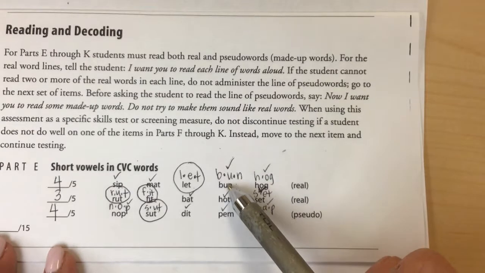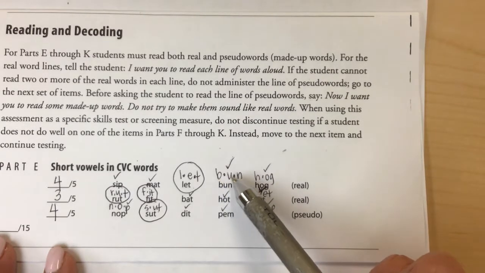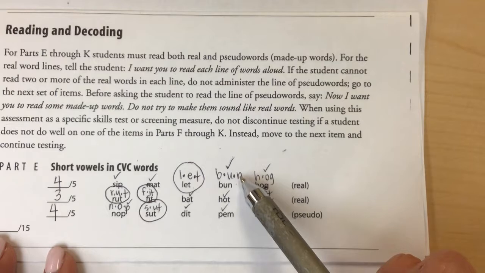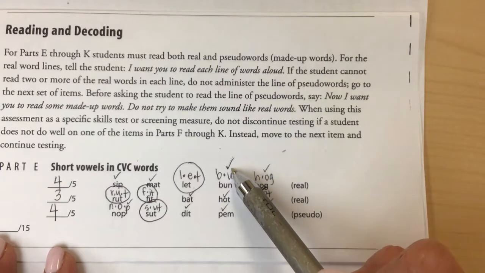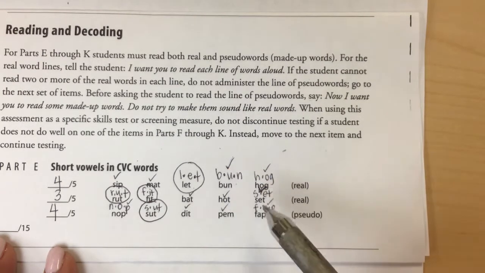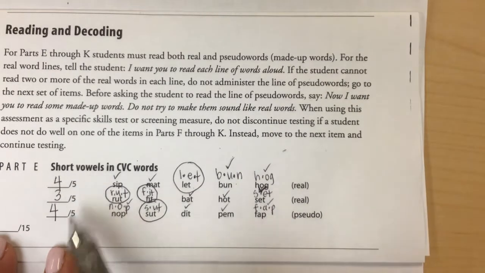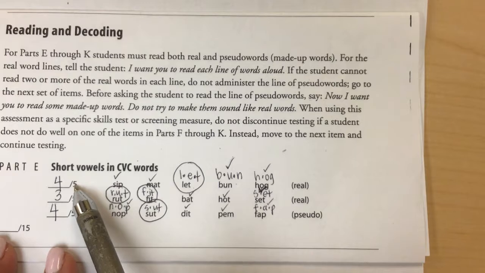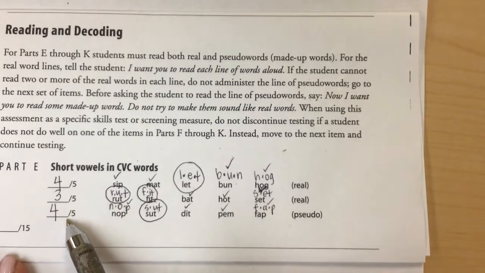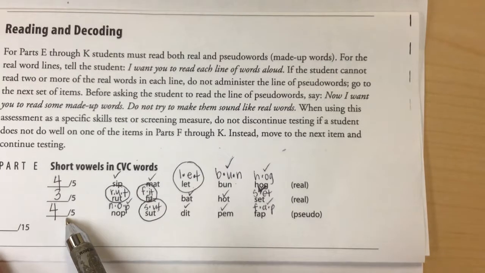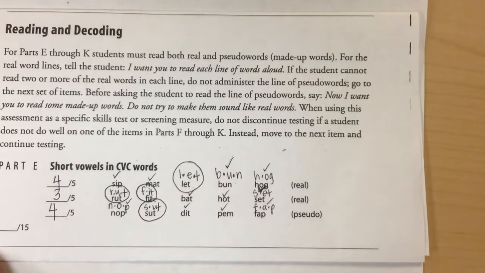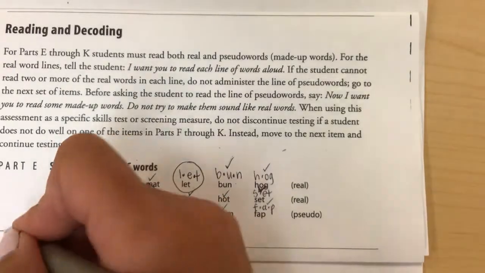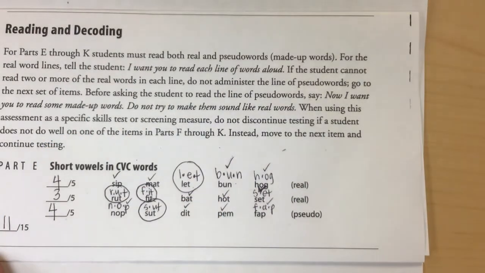On this word, Diane read the sounds of each letter and then she put the sounds together to read the whole word, and so I put a check mark and she would get a point for that one. So she had a total of 4 words correct on the first line, 3 words on the last line, and then 4 correct words on the third line, and she would have a score of 11 out of 15 points.